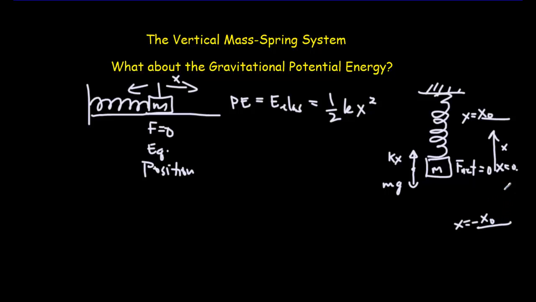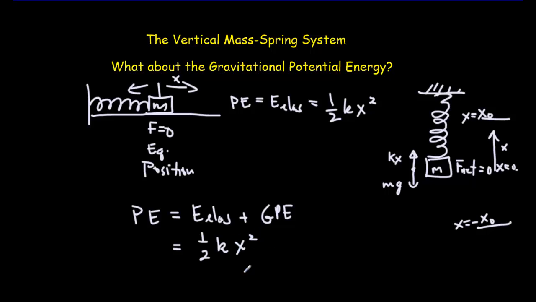Now it turns out that the potential energy of this spring, and when I say potential energy I mean the sum of the elastic potential energy stored in the spring plus the gravitational potential energy, will be equal to 1/2 k, still the spring constant, times x squared.